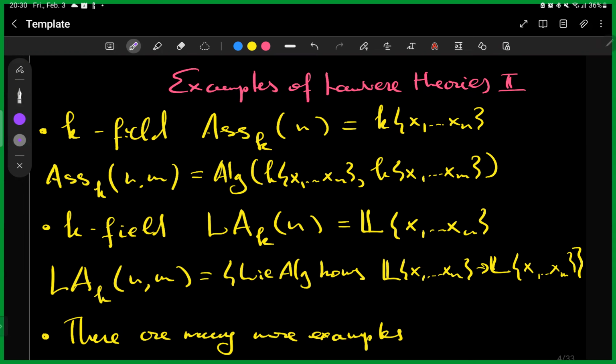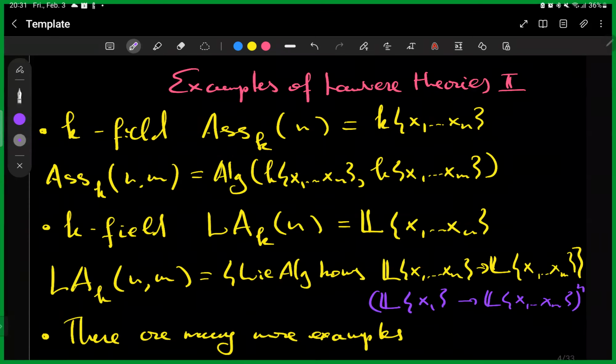And similarly, for Lie algebras, we just consider the free Lie algebra on n generators, and then we consider as the set of morphisms all Lie algebra homomorphisms between two free algebras. Obviously, using the freeness, we can reduce this to just homomorphisms from the Lie algebra on one generator to the Lie algebra on m generators, to the power of n. But yeah, that's just a trivial remark.